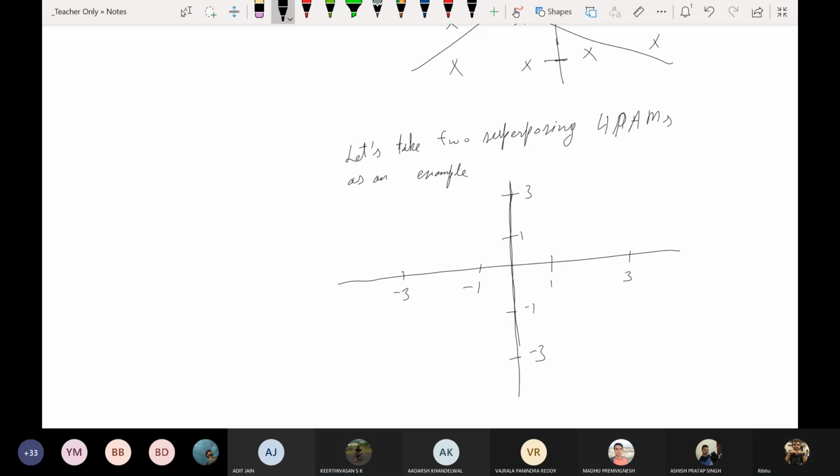So real 1 plus imaginary 1, it can take the value 1 plus j.